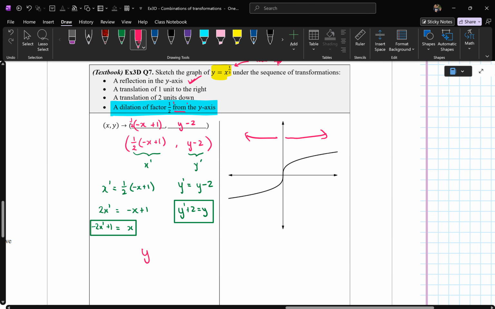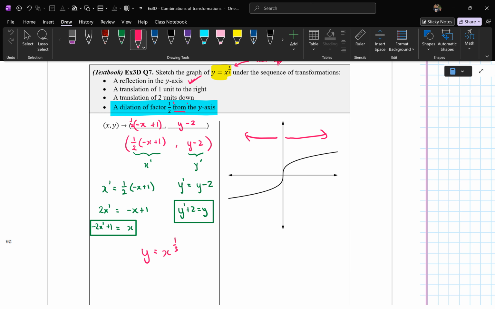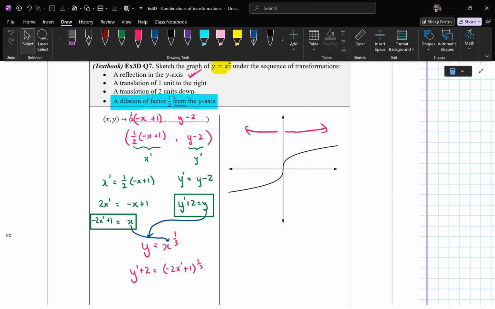I started off with y equals x to the power of a third. Replace the original x and replace the original y, and you should get the new equation as y dash plus 2 is equal to negative 2x dash plus 1 to the power of a third.